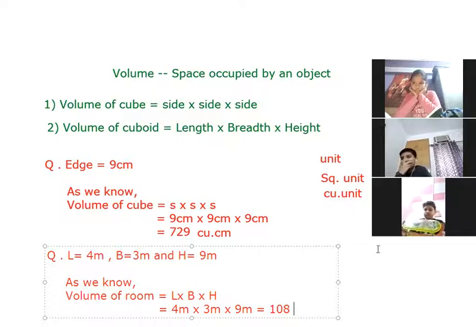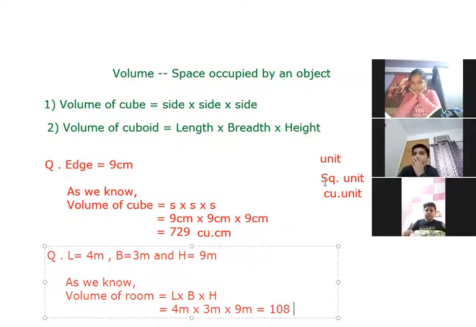Beta, listen very carefully. Once again, ma'am is going to repeat. In the case of perimeter, you are going to write the unit as it is. Like meter will be meter, kilometer will be kilometer. But in case of area, you are going to write the area in square unit, meaning square centimeter, square kilometer, square meter.